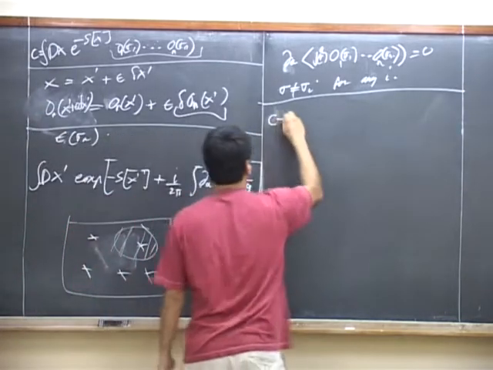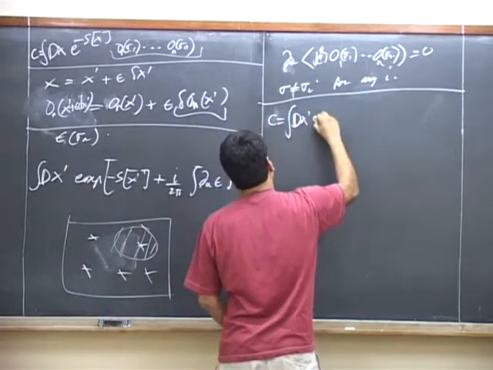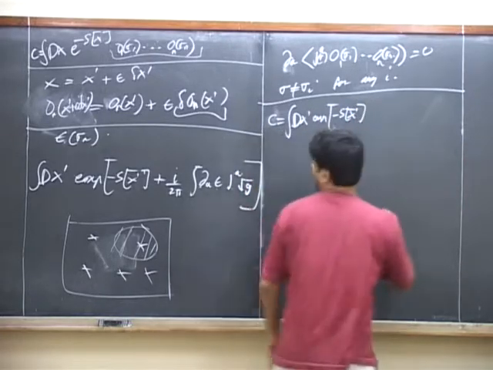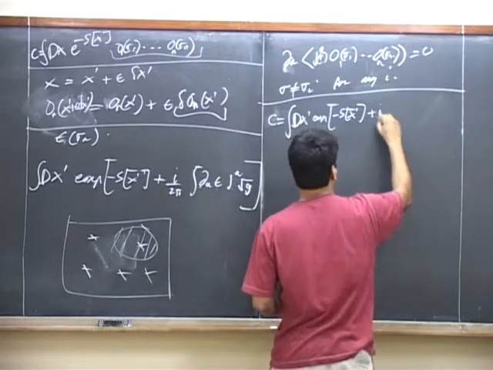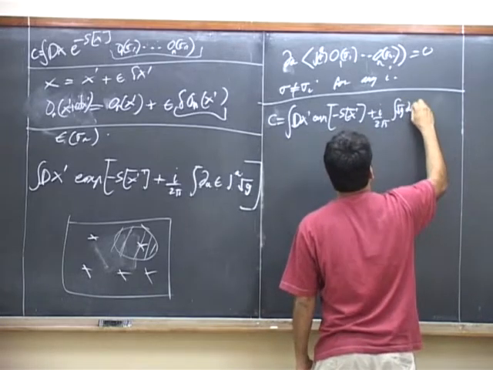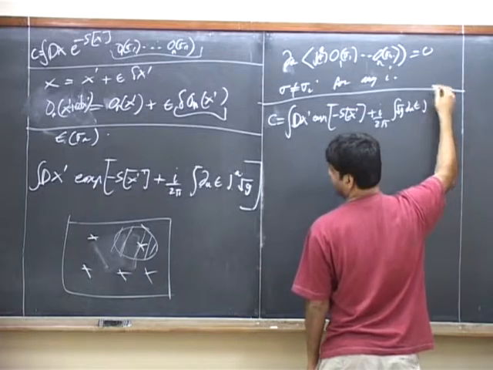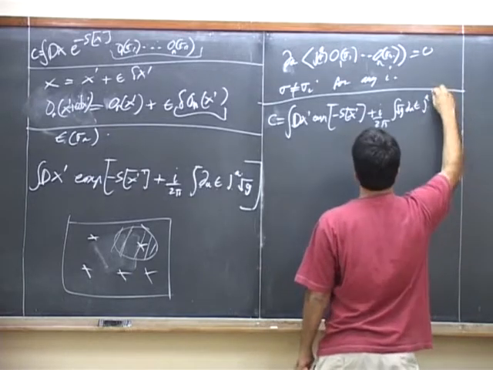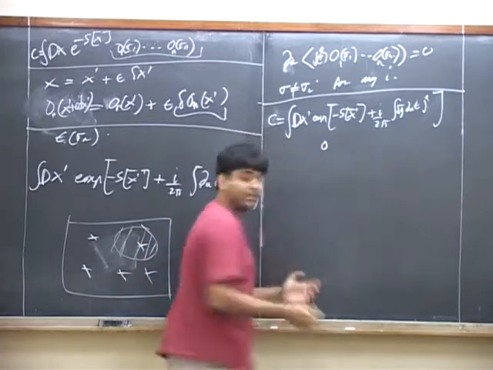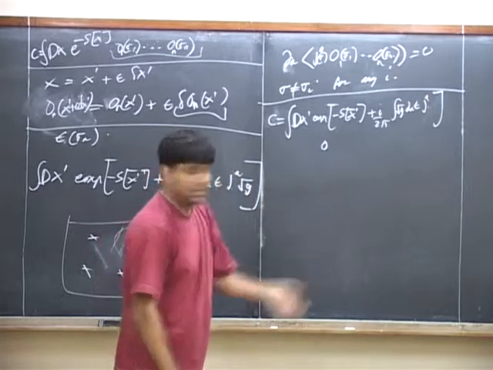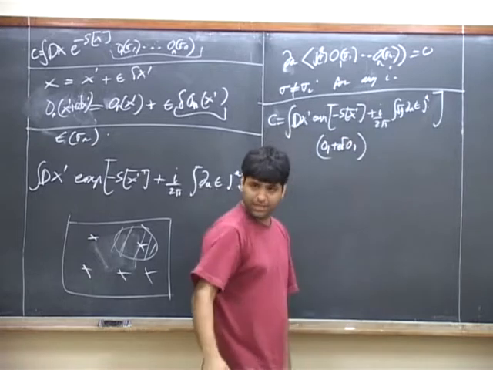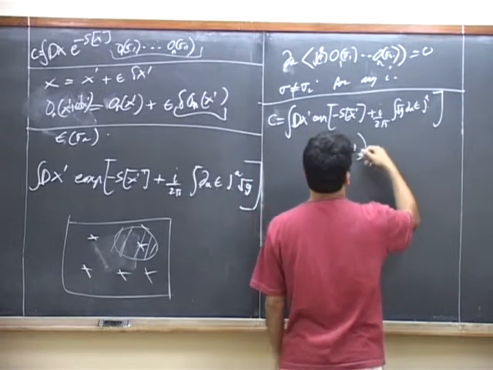So we also have that C is equal to the integral dx prime exponential minus S of x prime, with the same term as before, where G del A epsilon J A, times O, and let's say the operator which is enclosed is the first operator. So this is O1 plus delta O1. There's an epsilon here.